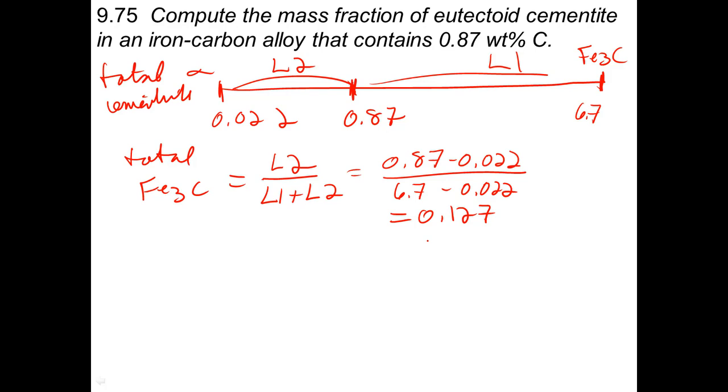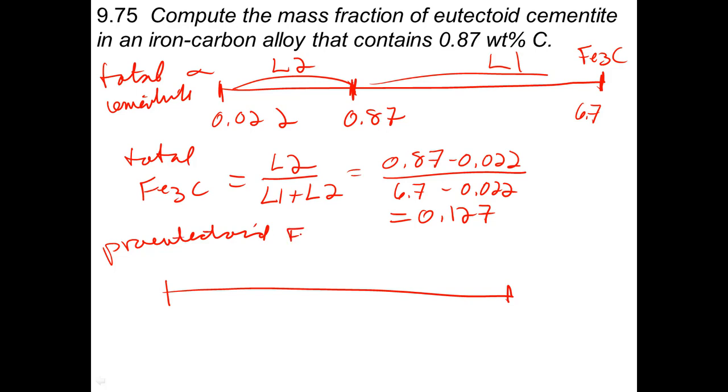From that, we want to calculate the mass fraction of the pro-eutectoid cementite, and we can do that by working on that tie line just above the eutectoid temperature.